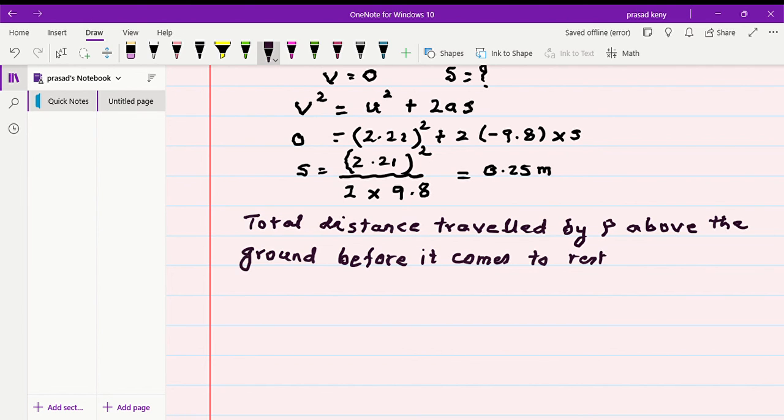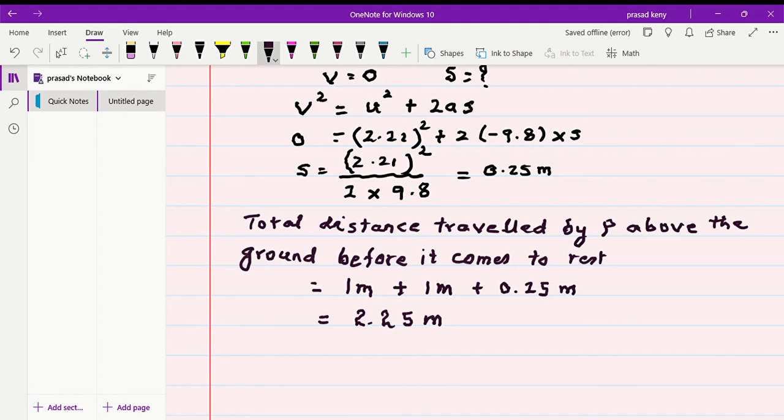First it is released from 1 meter above the ground. Then when particle Q travels 1 meter downwards to reach the ground, particle P travels 1 meter upwards to point X, and then from point X to point Y, it has traveled an extra distance of 0.25 meter. So the total distance the particle P has traveled above the ground before it came to rest is 1.25 meter.